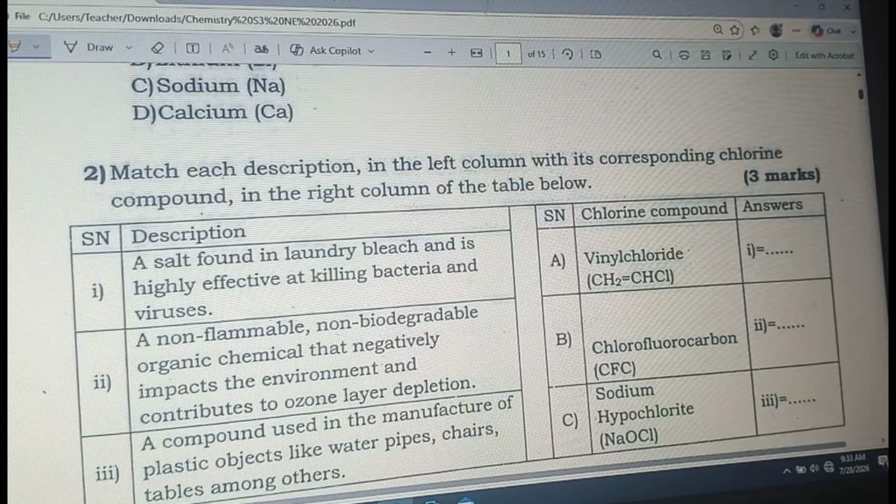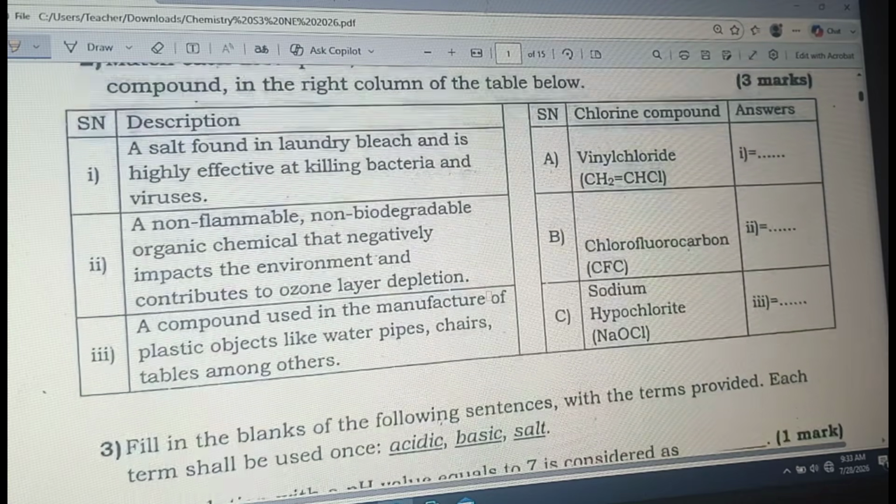Let's continue to the second question. Match each description in the left column with its corresponding chlorine compound in the right column of the table. I. A salt found in bleach, highly effective at killing bacteria and viruses.